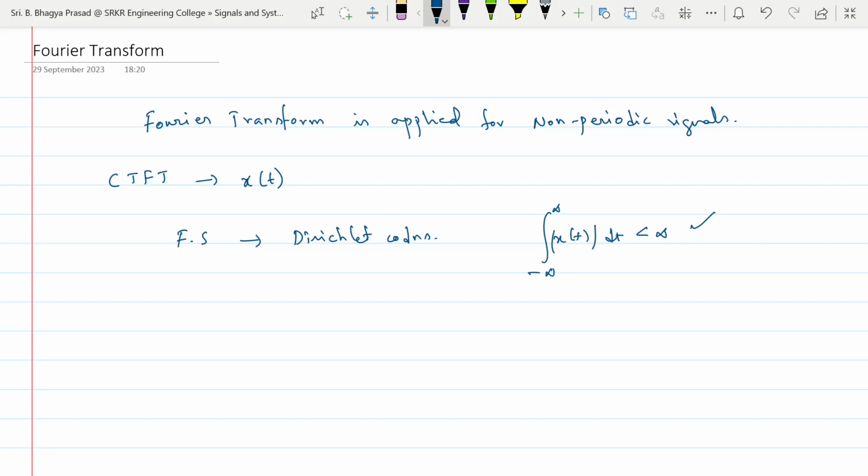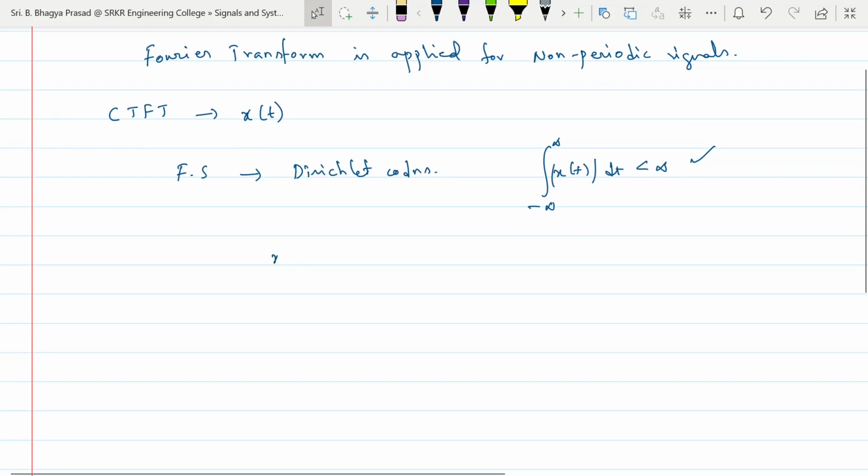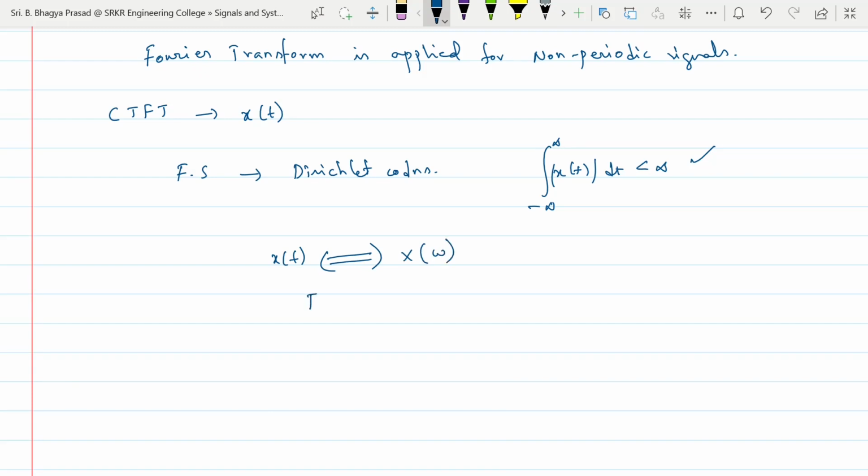Right. So let us start with the expression of the Fourier transform for a signal x of t, and we discuss the Fourier transform pair here. x of t is the signal and X of omega is the Fourier transform, and this is the Fourier transform pair. For the signal x of t, the Fourier transform is given by the integral from minus infinity to infinity of x of t e power minus j omega t dt.